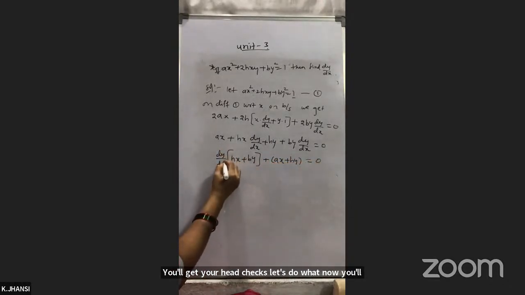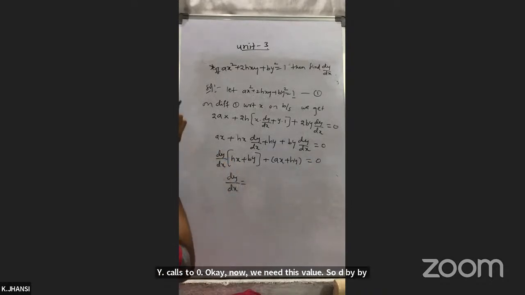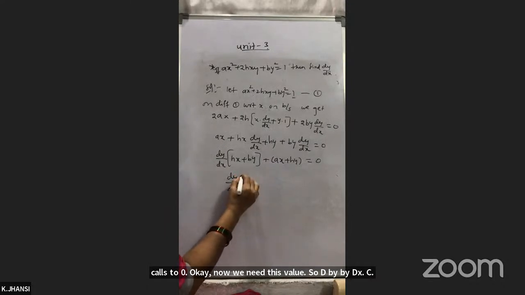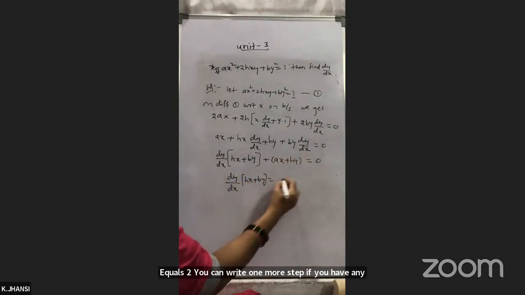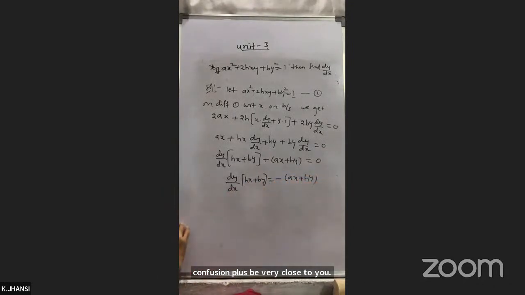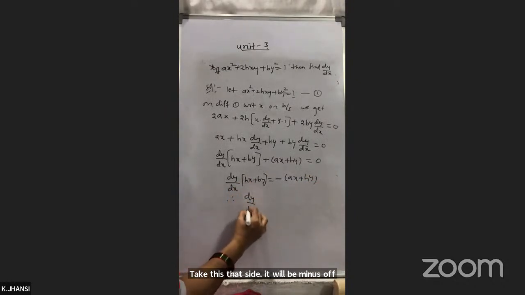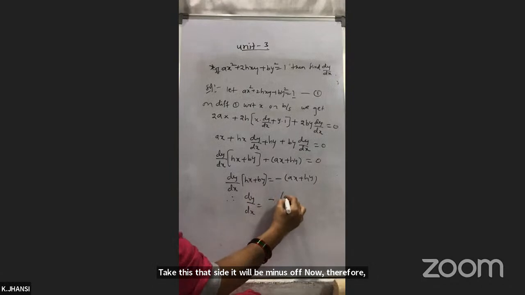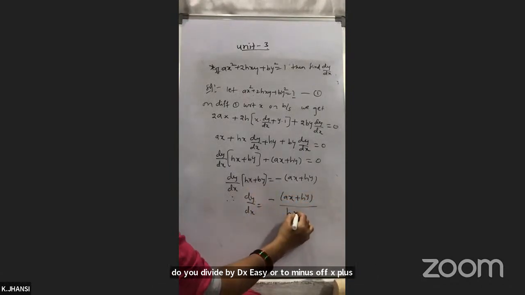Now we need this value, so dy by dx is equals to, or else you can write one more step if you have any confusion: hx plus by equals to, you take this to that side, it will be minus of ax plus hy. Now therefore dy by dx is equals to minus of ax plus hy by hx plus by.